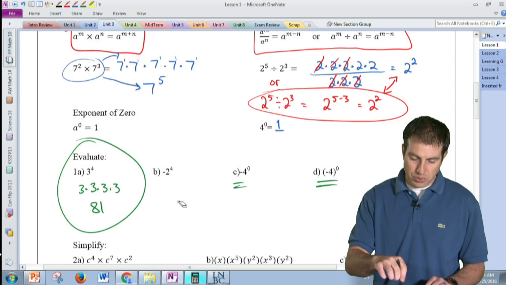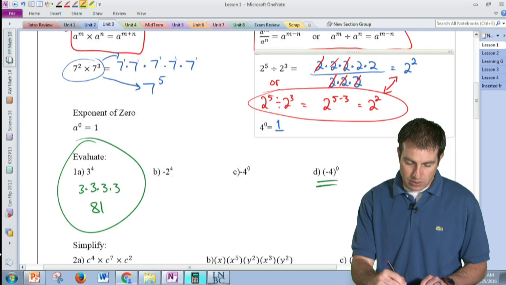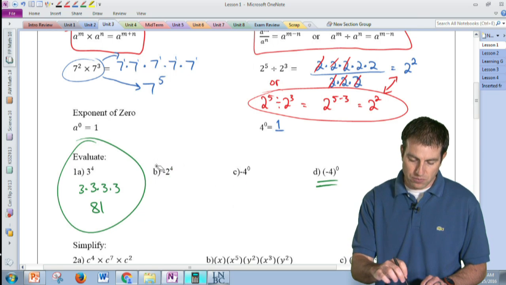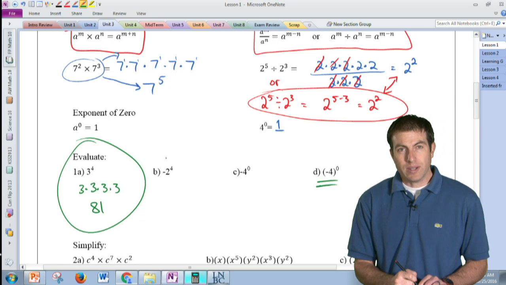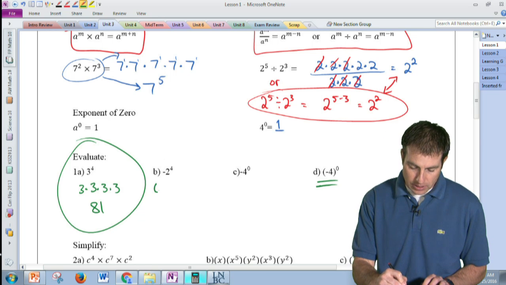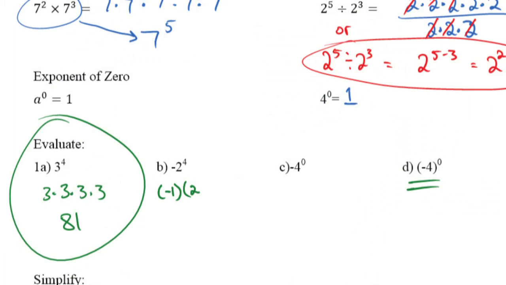So this is what we're going to do. When I have negative 2 to the power of 4, we want to treat it this way. I have a negative 1 times 2 to the power of 4. So negative 1, 2 to the power of 4 is 2 times 2 is 4, times 2 is 8, times 2 is 16.